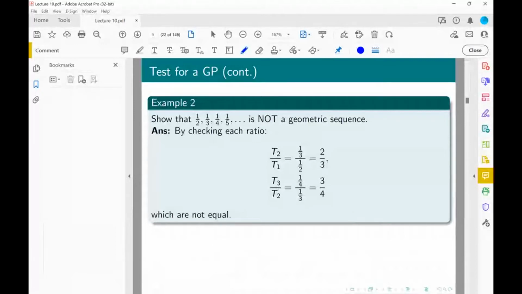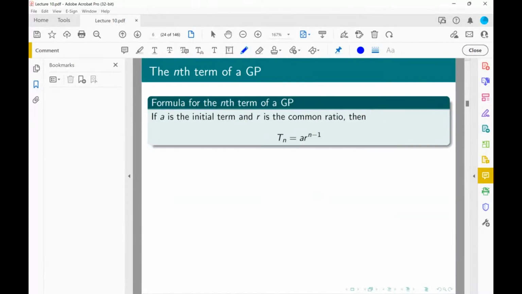And these are not equal terms, so immediately these don't multiply by the same ratio, so it's not a GP. And as Iman has alluded to, yeah, we're multiplying by 0.5. Yeah, exactly.